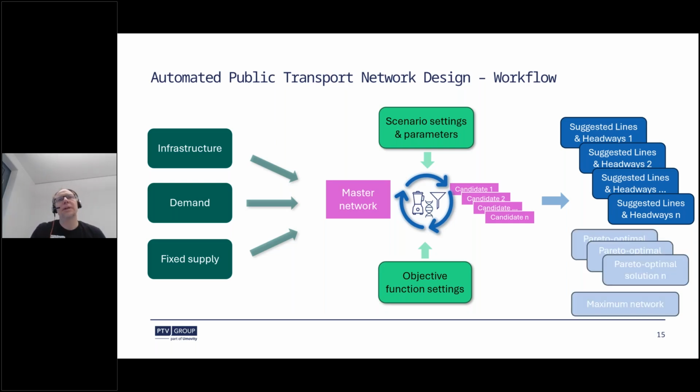And in addition, it creates a few extra solutions, which are, for instance, suiting one part of the objective function best, so that you can look, if I would optimize for a certain criterion, what would be the best network fulfilling that. So this objective function is really important to steer the possible solutions coming out of that procedure.